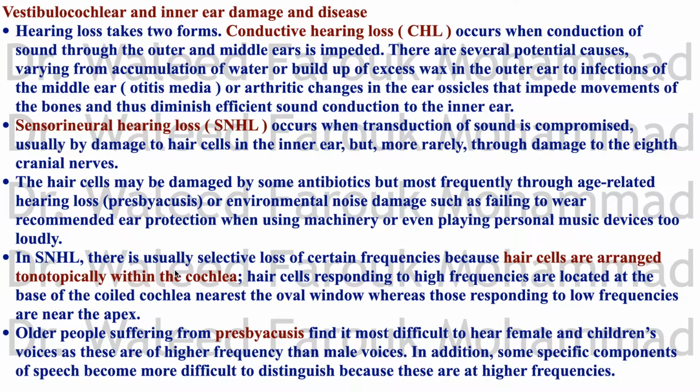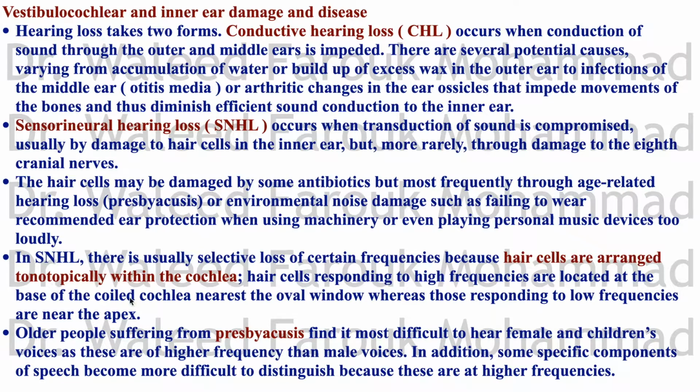In sensory neural hearing loss, there is usually selective loss of certain frequencies, not all frequencies, and especially those high frequency sounds, and this is because the hair cells are arranged tonotopically within the cochlea.